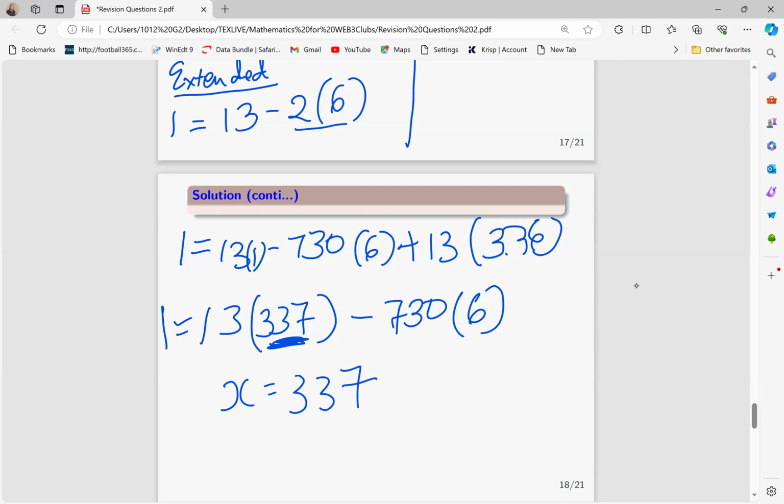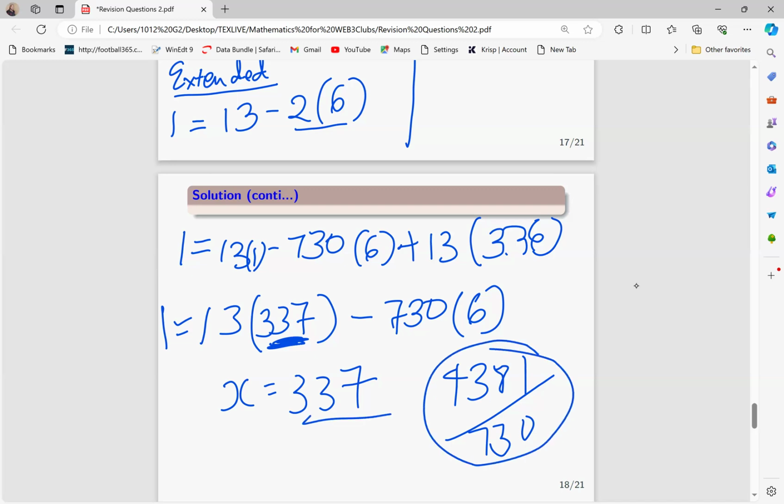We multiply the two numbers and divide by 730. 337 times 13 gives us 4,381 divided by 730. That is 6 times, and the remainder is 1. Yes, that is the inverse. That's correct.